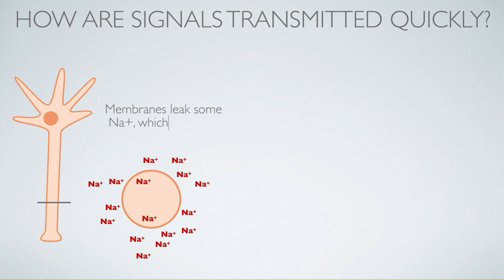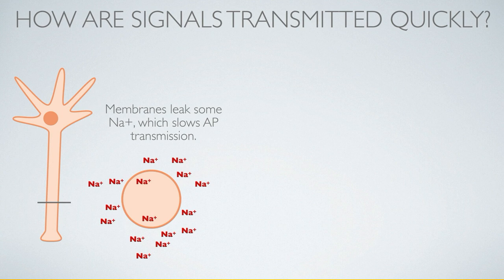Membranes leak some of those sodium ions, which is going to slow the action potential transmission, because if there are fewer ions in the interior of the cell, that means there's going to be less propagation of the depolarization in the region of that axon. Okay, so this leakiness is a problem.